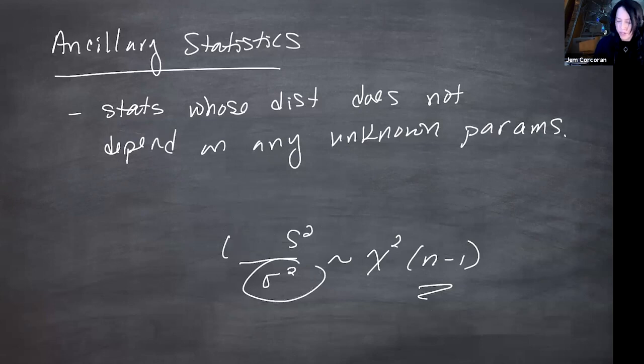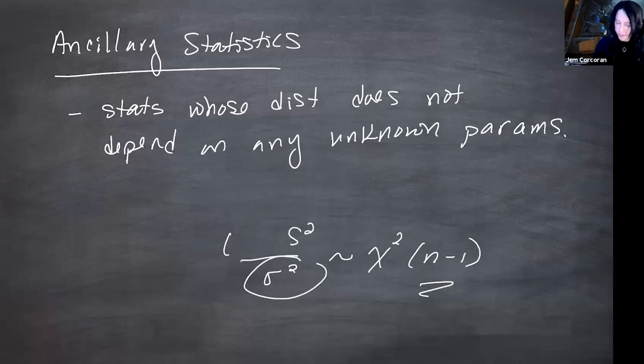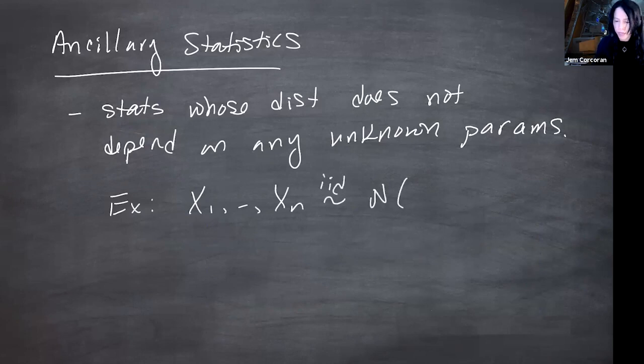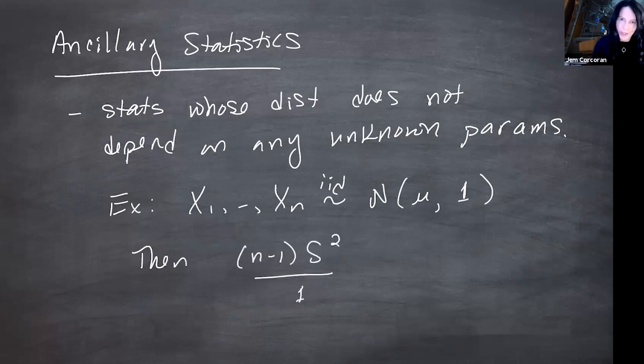So let me be just slightly more specific. An example of an ancillary statistic would be if you have X1 through Xn, IID normal with mean mu and variance 1, then n minus 1 S squared over 1, which obviously you don't have to write, is chi-squared n minus 1.